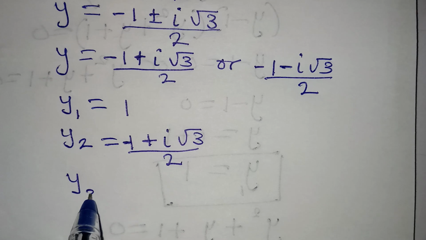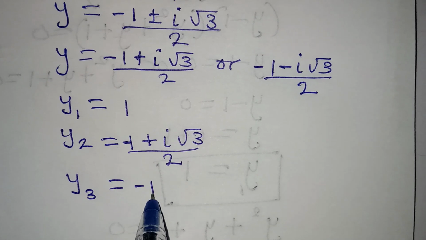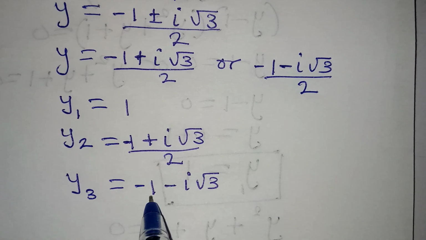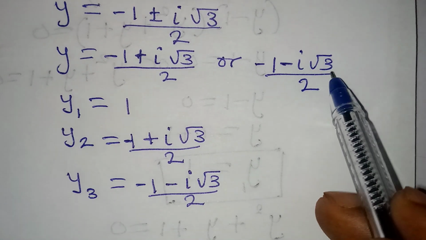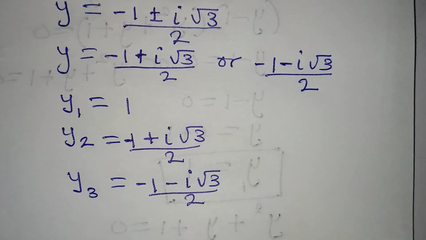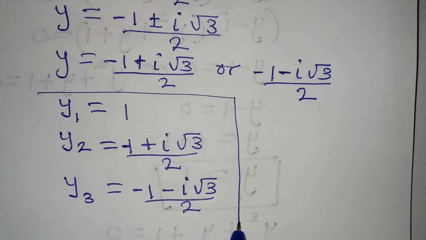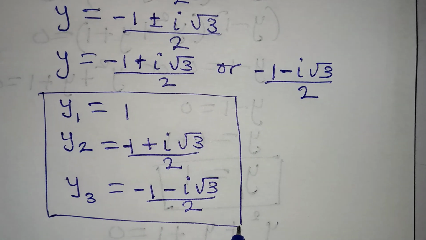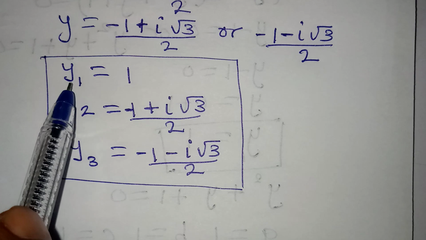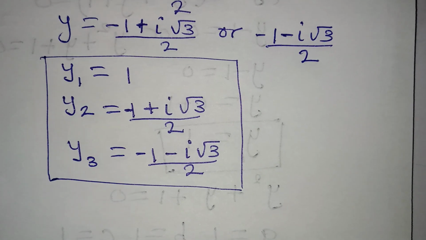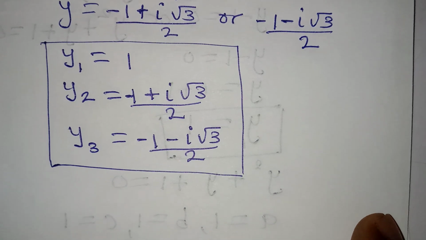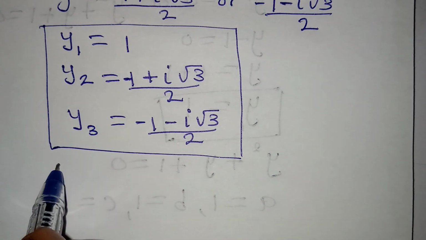Then y3 will be minus 1 minus i root 3 over 2. Now we have our 3 solutions. But then it is only our first solution, which is y1, that will satisfy the equation, because the other 2 are complex.